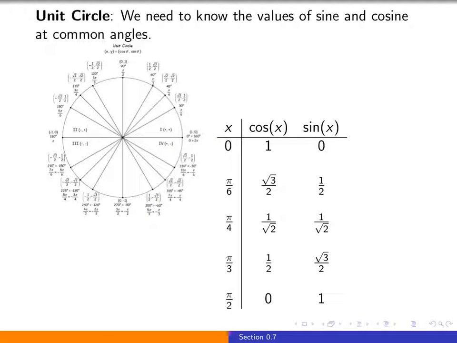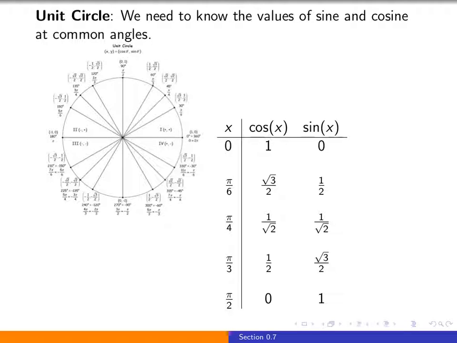Now, one thing that we need to be very familiar and also very efficient with is evaluating these trig functions sine and cosine at common angles around the unit circle. And by common angles, I'm thinking if we're in the first quadrant, you would have 0 radians, pi over 6 radians, pi over 4, pi over 3, pi over 2, and you can also have multiples going around the unit circle.